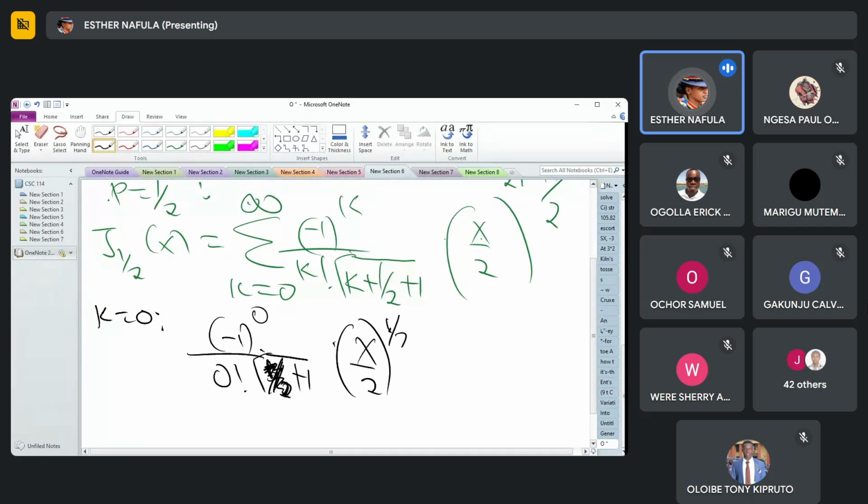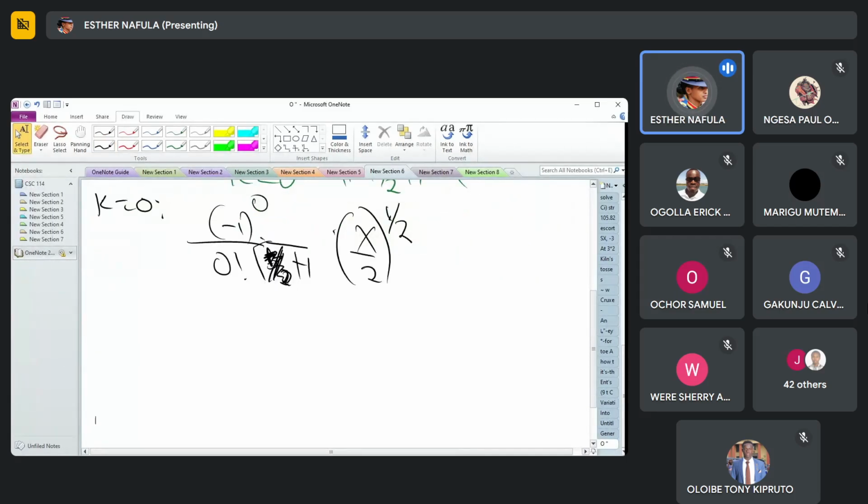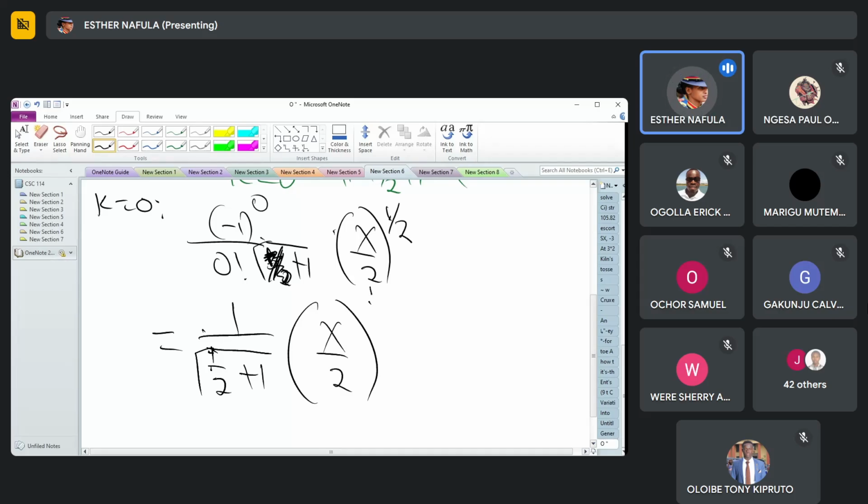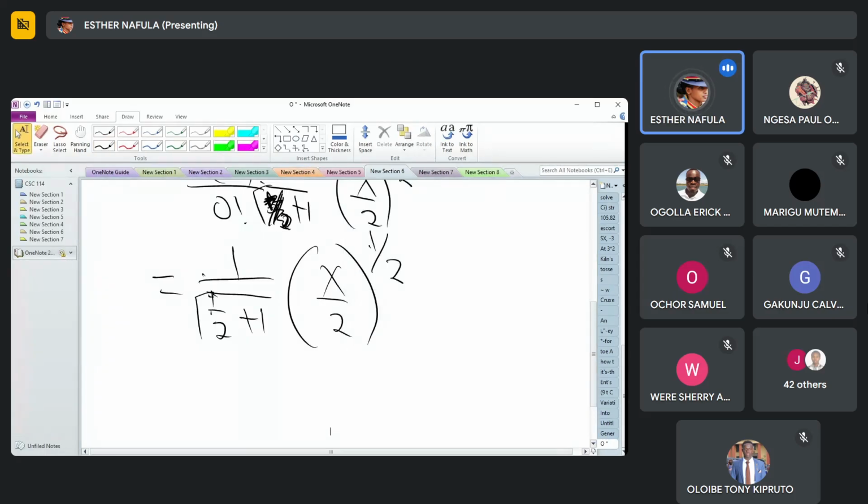This is raised to power half. So this is positive 1 over gamma of a half plus 1 times x over 2 raised to power half. When k is 0.